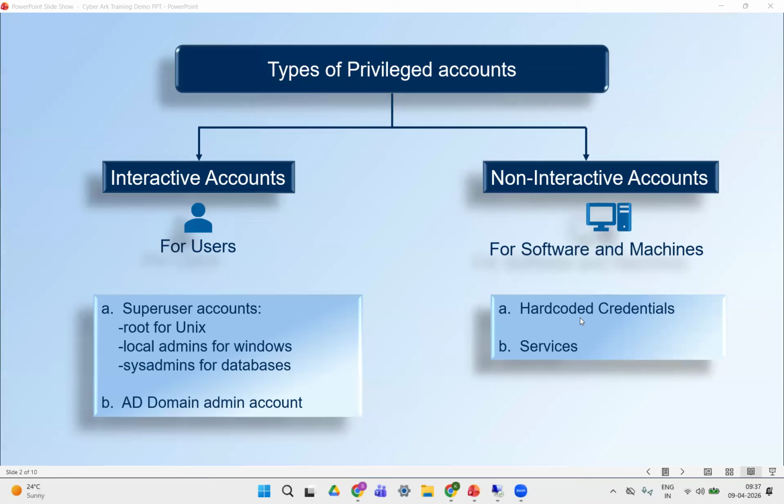Next example we have here is services. For services, what happens is that whenever we install a software, whenever we install an application, or even your machine, the software applications, your machines, everything has a lot of backend tasks for themselves. If, let's say, you're having a meeting on Zoom, if I have installed Zoom on my machine, then for Zoom to work, Zoom creates a service for itself on the server.